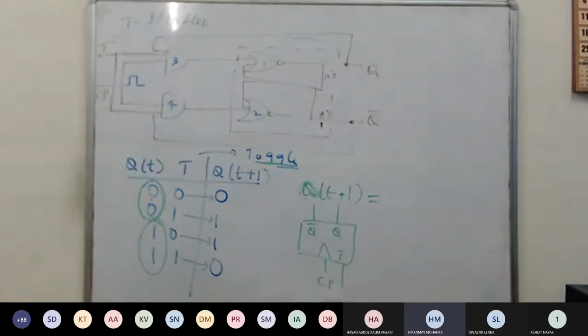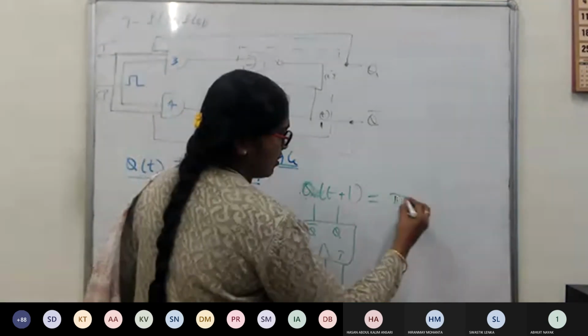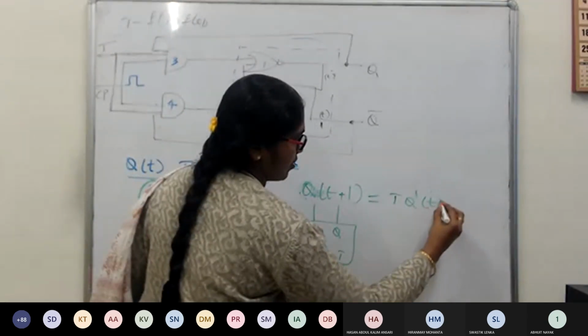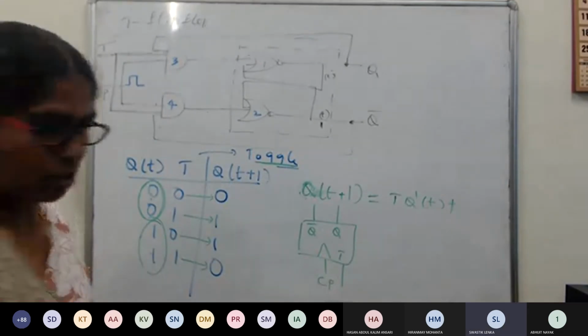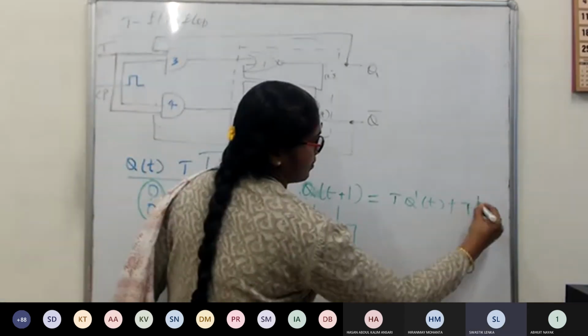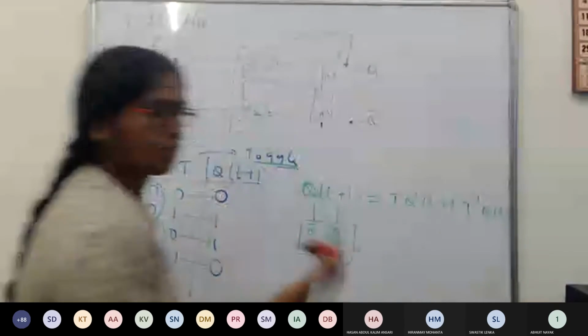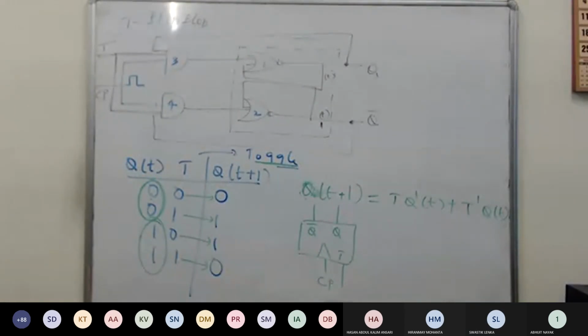Q of t plus Q t bar. So, Q prime t plus Q t prime, plus Q prime t, t bar Q. Yes. So now these are your four important and specified flip-flops.